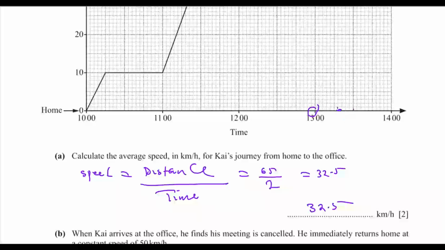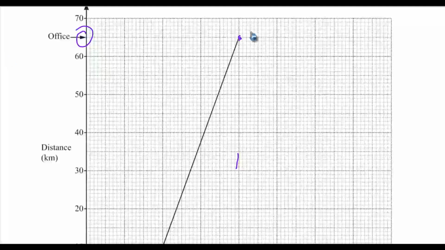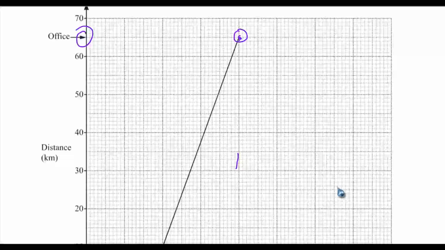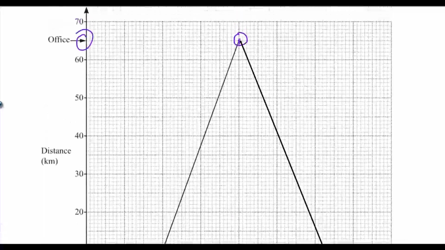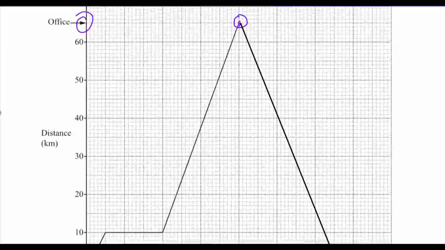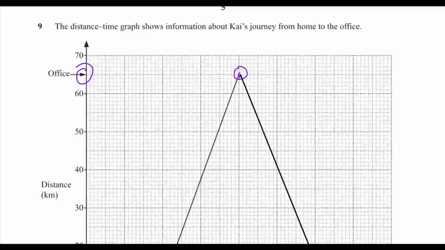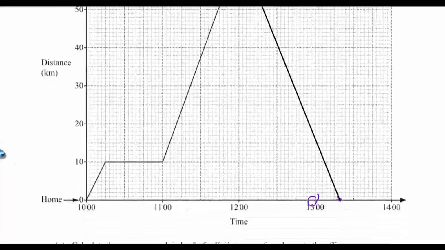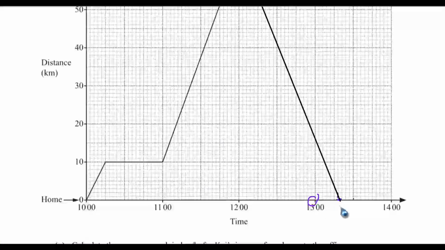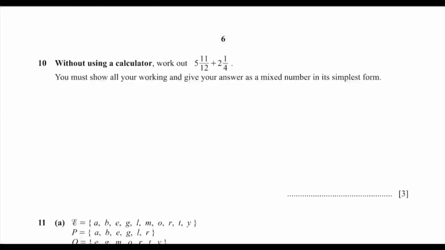Let's draw from the point here and join it to that point on the x-axis. So this is how to complete the graph. You draw a line from this point here and down to where you have 1 hour 18 minutes, which is this point. Let's go to the next question.